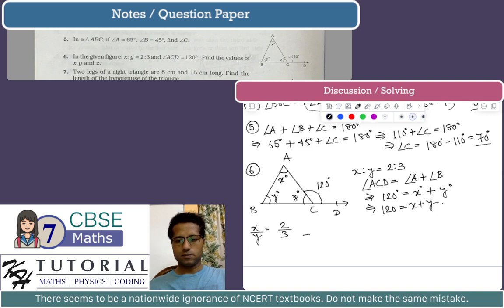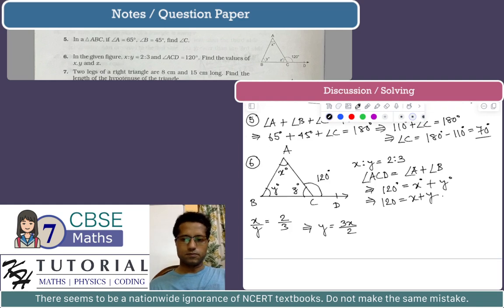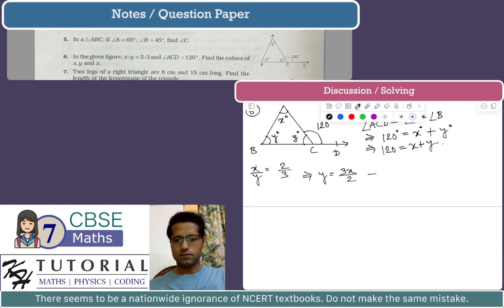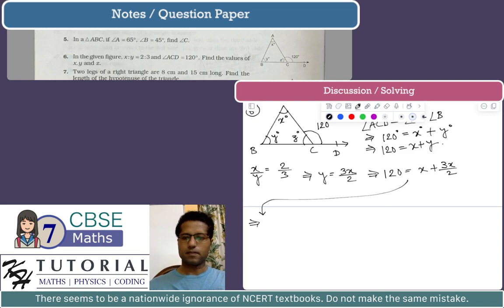So that is, we have x by y equals 2 by 3. So this implies that y will be equal to 3x by 2. Now substituting, if we substitute the value of y as 3x by 2 in the equation 120 equals x plus y, this implies that 120 is equal to x plus 3x by 2, which is 5x by 2.